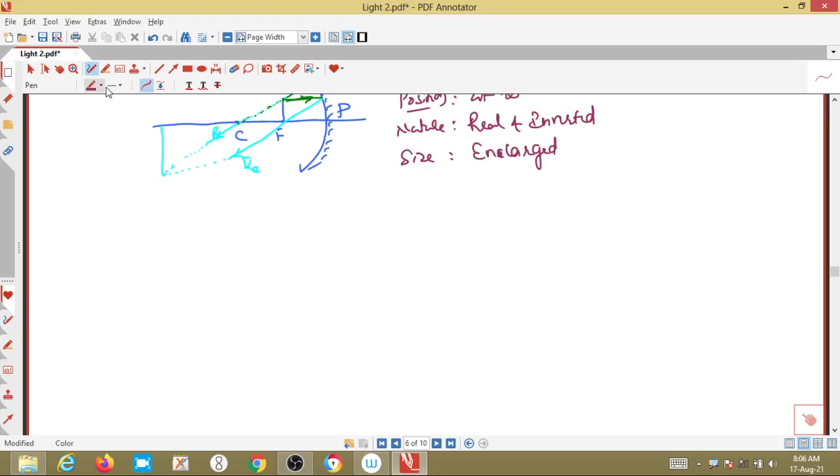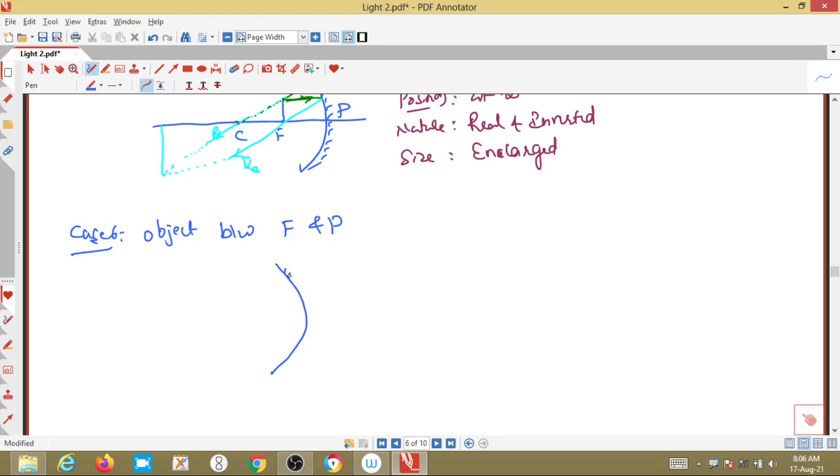This is a very important case, case number 6. In this case, the object is placed between focus and pole. This is a different case which you have to understand very carefully, as it will be useful for sign convention.